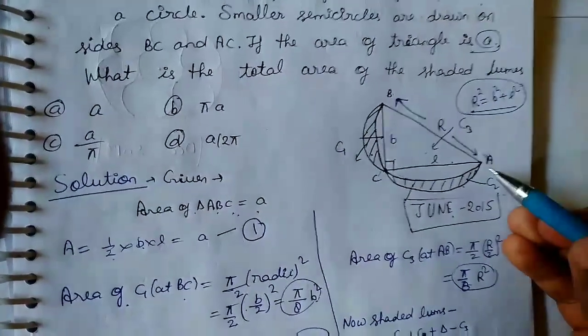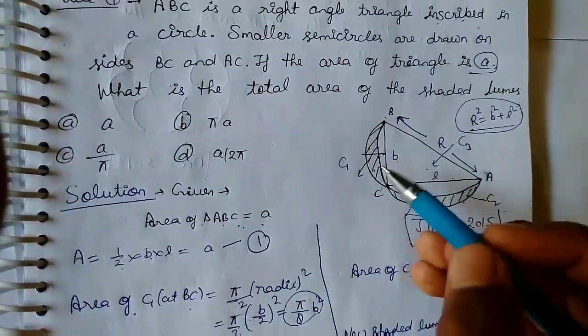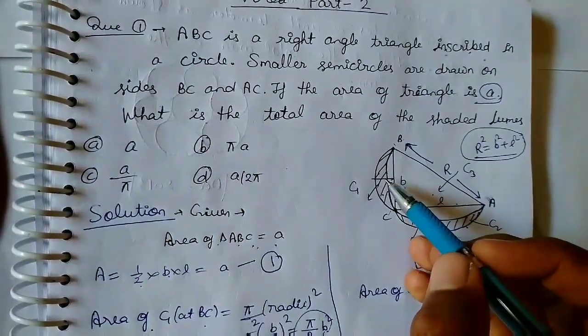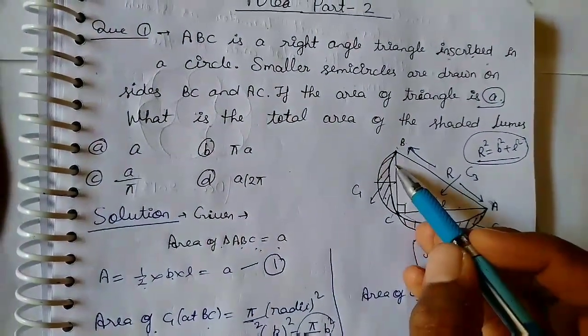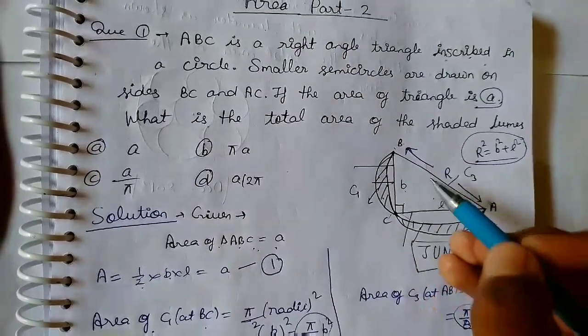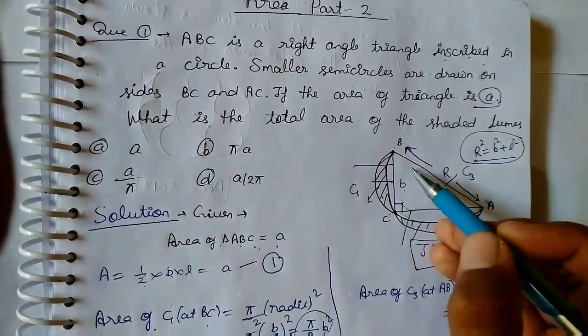Now the area of the shaded portion is calculated by adding the areas of the semicircles on BC and AC and the triangle, and then subtracting the semicircle made on AB.